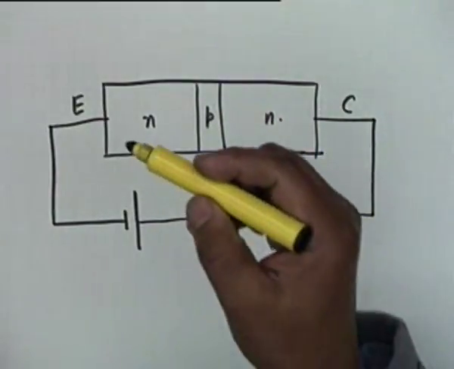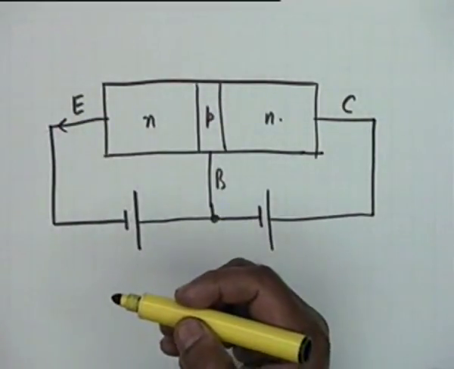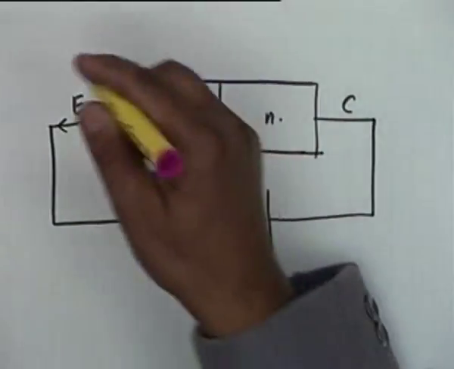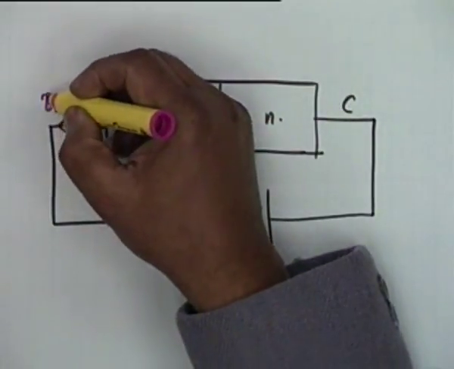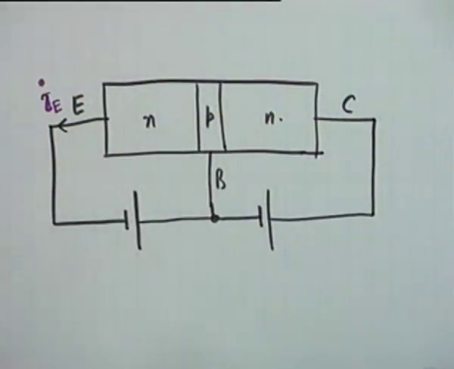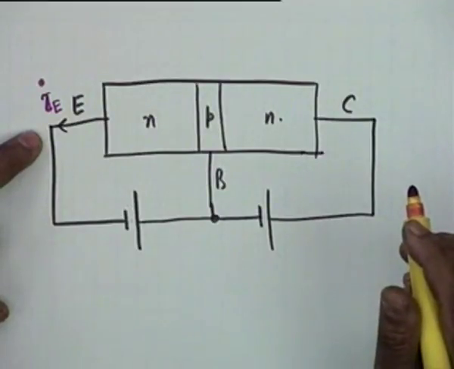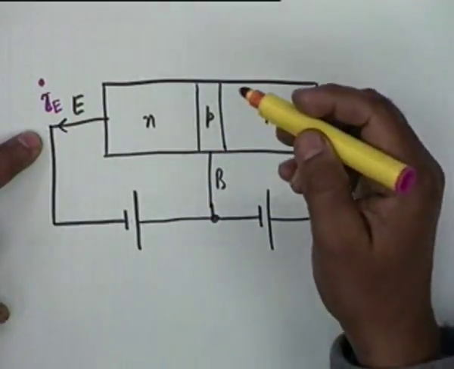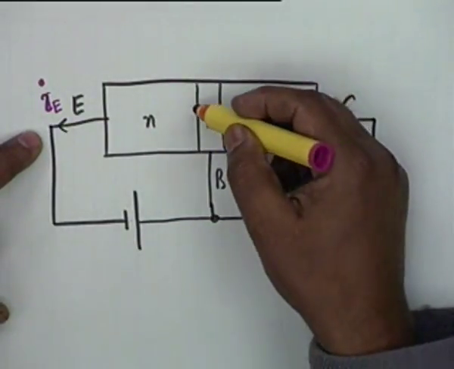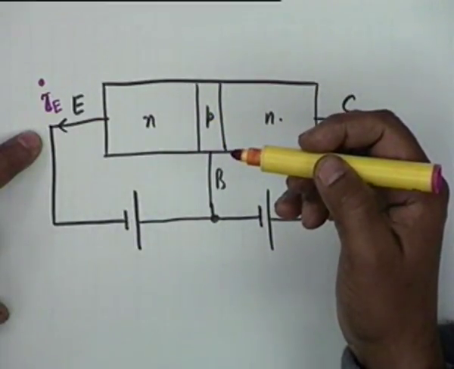As I told you, the emitter current which flows in this direction, let us call it I sub E, small i subscript capital E. I'll explain the notations in a minute. The emitter current consists of electron current as well as hole current, because there are holes which are minority carriers here. Now therefore the electrons that are injected into the P region will only form a part of the total emitter current.